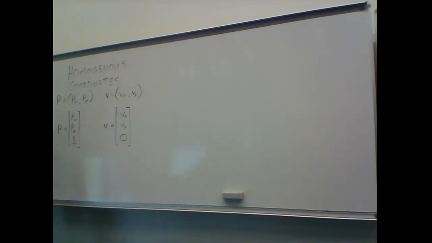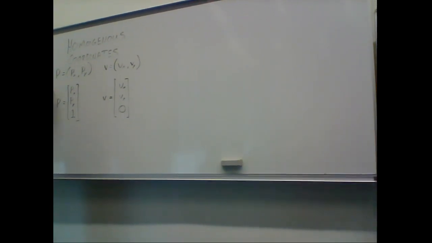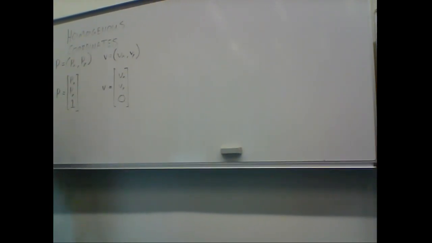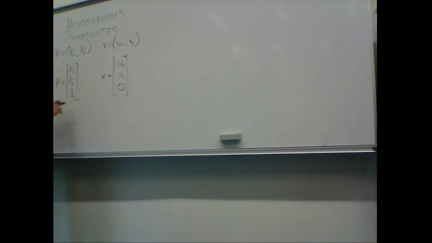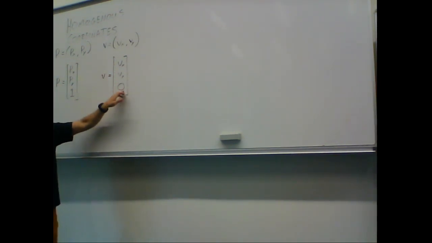So my rule right now is simply, if I have a point, I'm going to set it up as a column matrix, but I'm going to add a 1 at the bottom. If I have a vector, I'm going to do the same thing, but I'm going to add a 0 instead of a 1. So let's leave it at that for now.